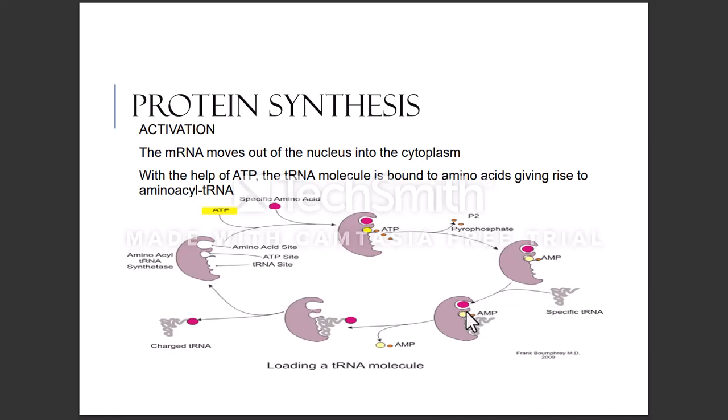When AMP, adenosine monophosphate, leaves, that energy is used to bind a specific amino acid to the specific transfer RNA to form the amino acid transfer RNA. This is the amino acid transfer RNA being released, and it can now enter into translation.